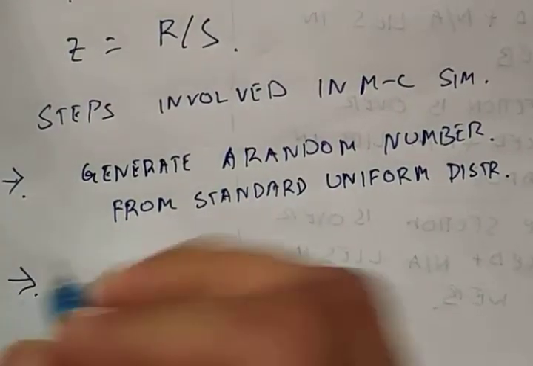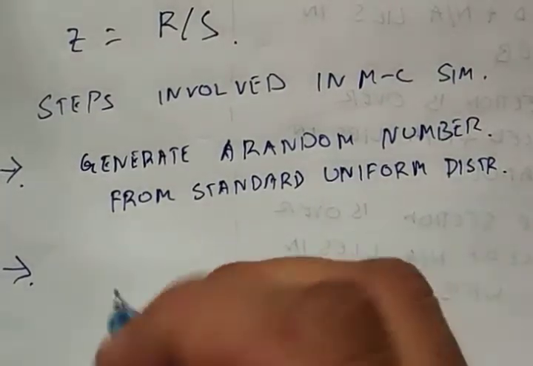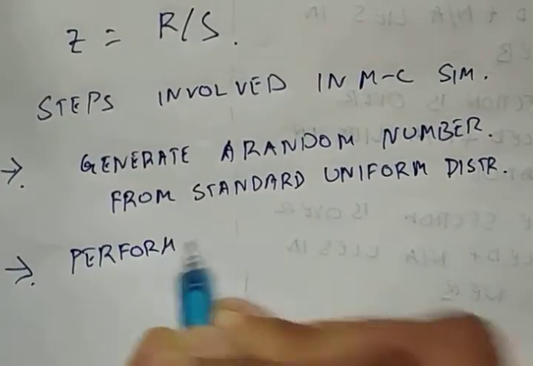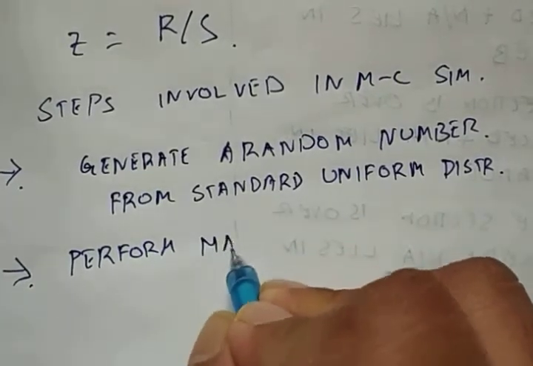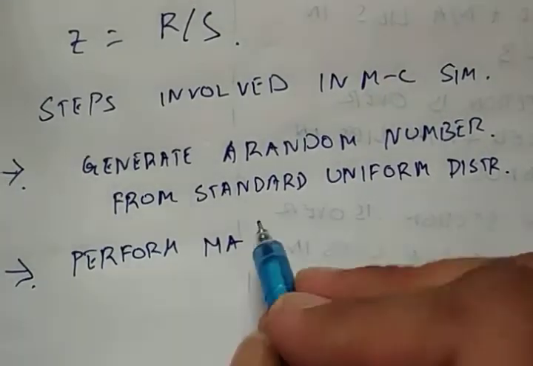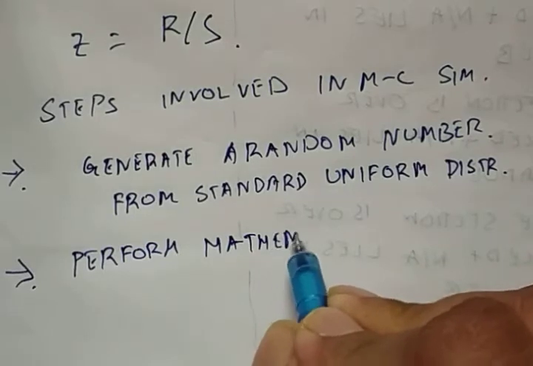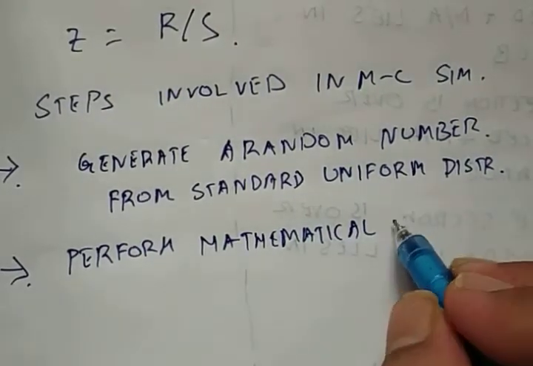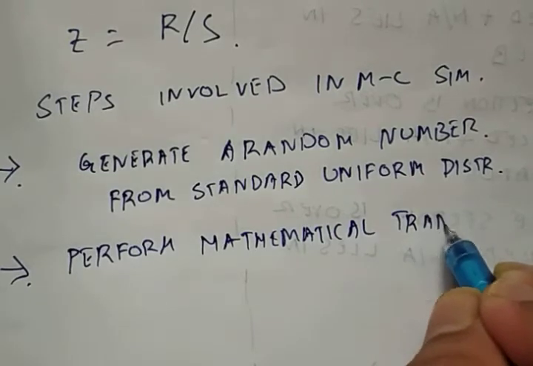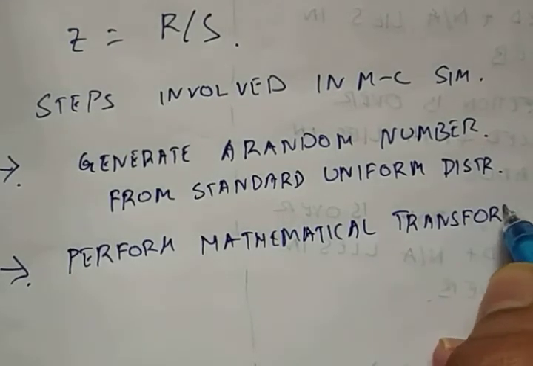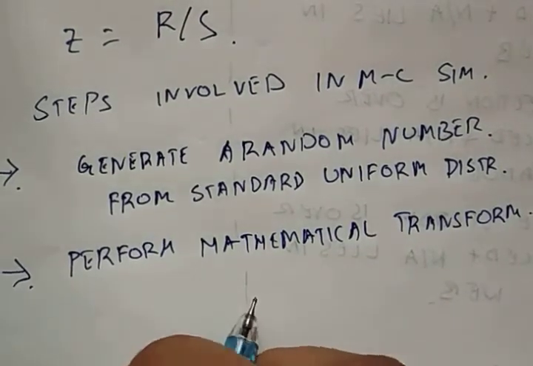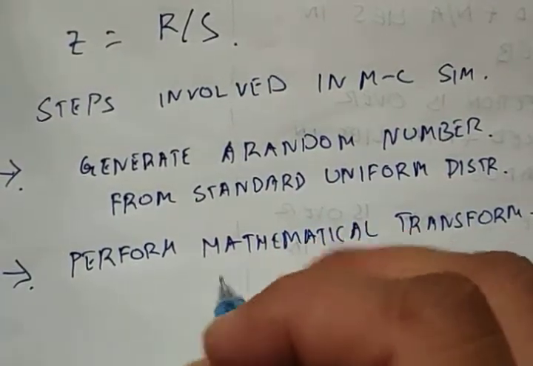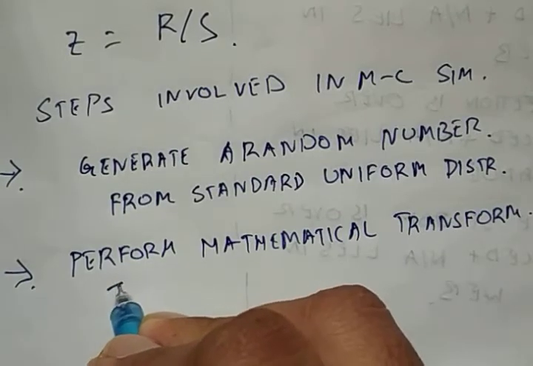Now the next step is perform mathematical transformation to produce a random deviate.